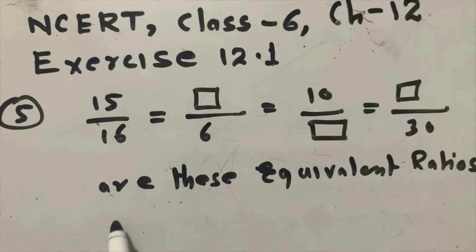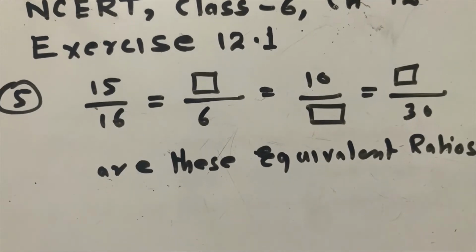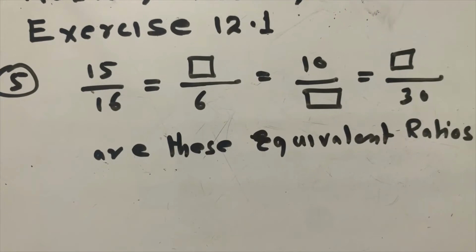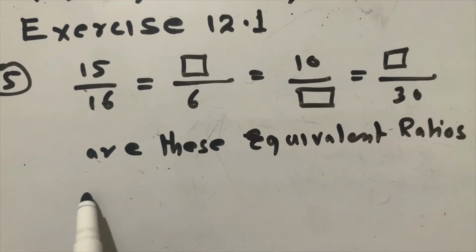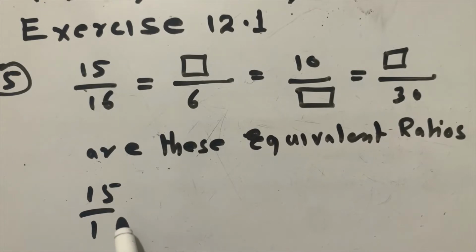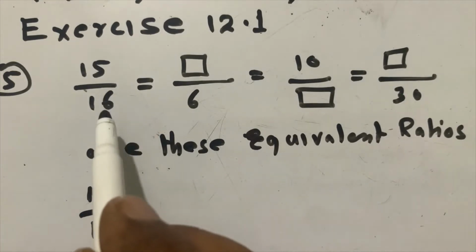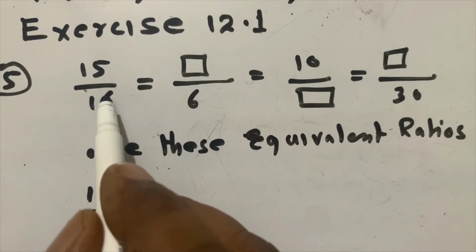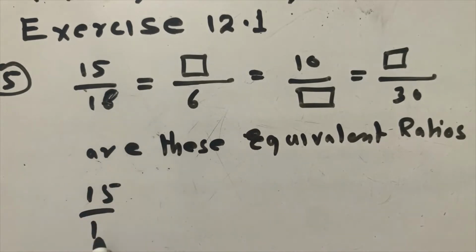Now if we see the solution, 15 upon 16 is given. Sorry, this is not 16, this is 18. 15 upon 18 is given.